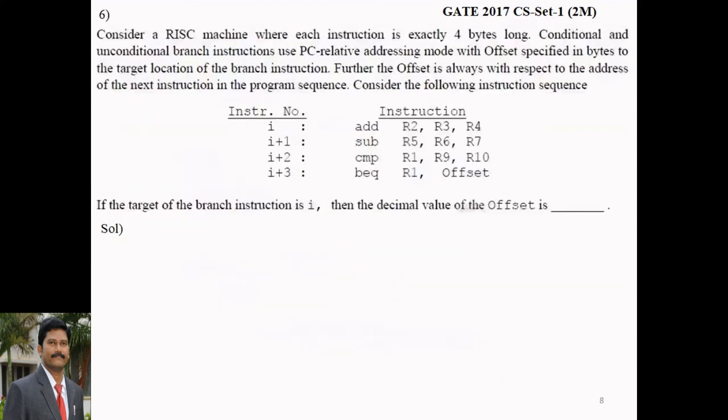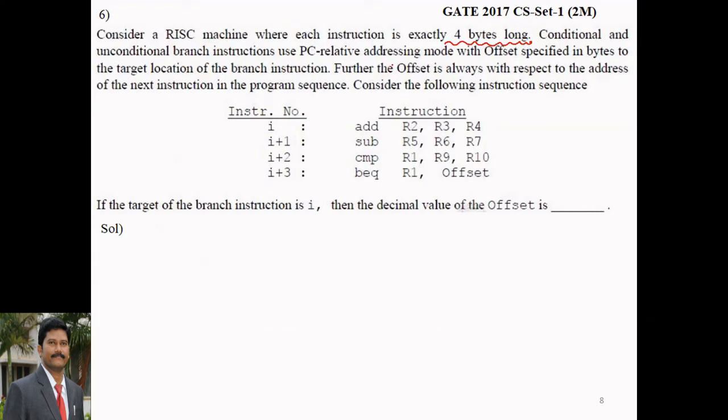This question was asked in GATE 2017 for 2 marks. Consider a RISC machine, reduced instruction set computer, where each instruction is exactly 4 bytes long. Conditional and unconditional branch instructions use PC relative addressing mode.